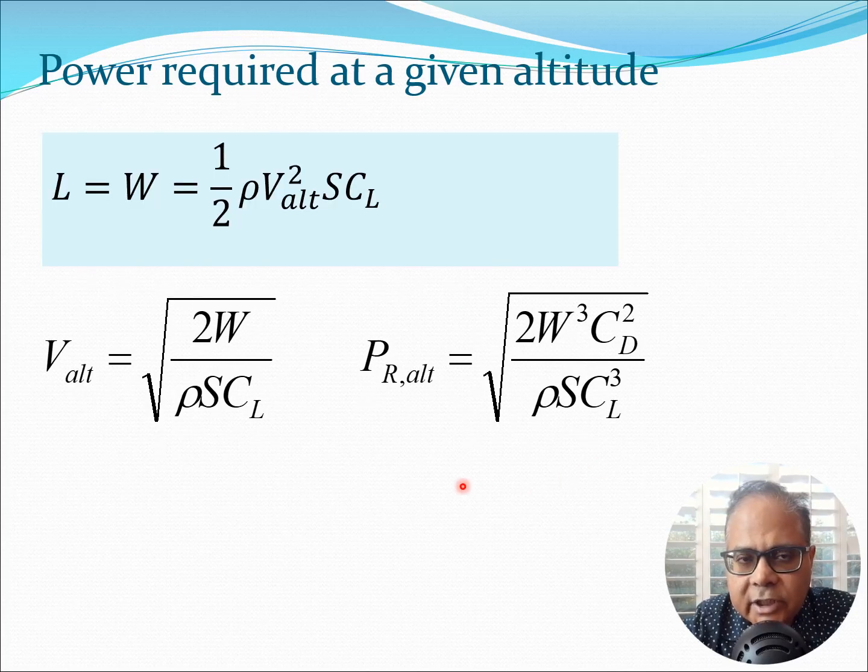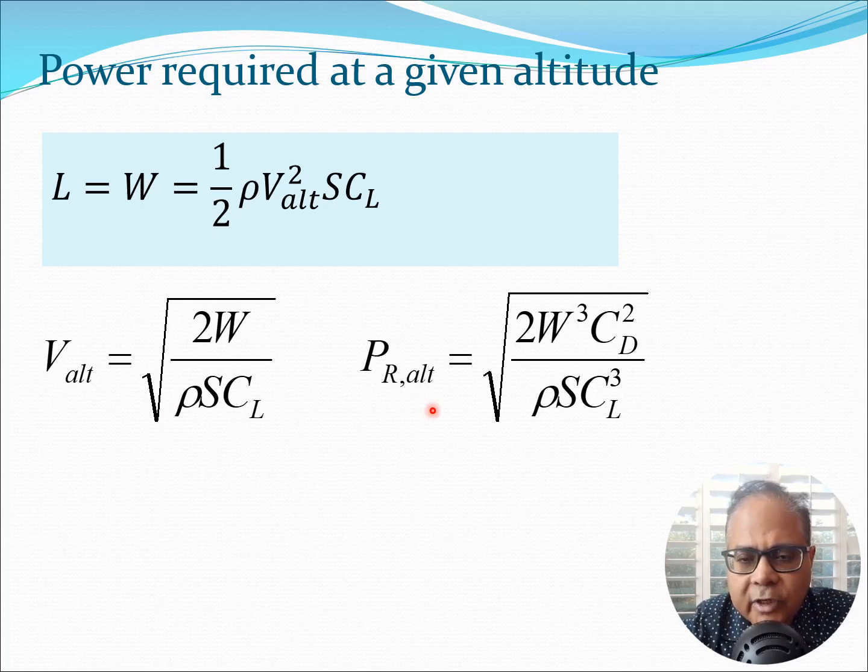Now let's consider the same situation, but this time you are flying at an altitude. And so the equation that holds there is L equals W equals half rho V_alt square S C_L. From this equation, I can immediately get V_alt equals root of 2W by rho S C_L.